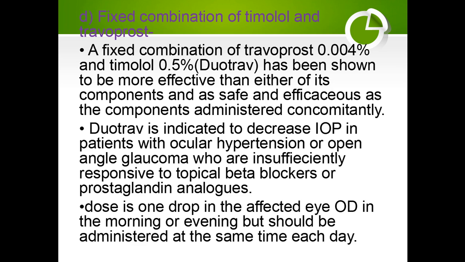Duotrav is indicated to decrease intraocular pressure in patients with ocular hypertension or open angle glaucoma who are insufficiently responsive to topical beta blockers or prostaglandin analogues. Dose is 1 drop in the affected eye once a day in the morning or evening, but should be administered at the same time each day.